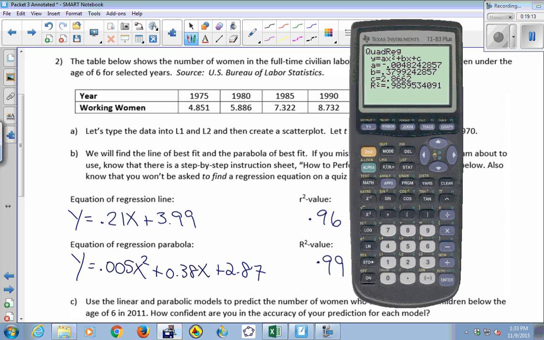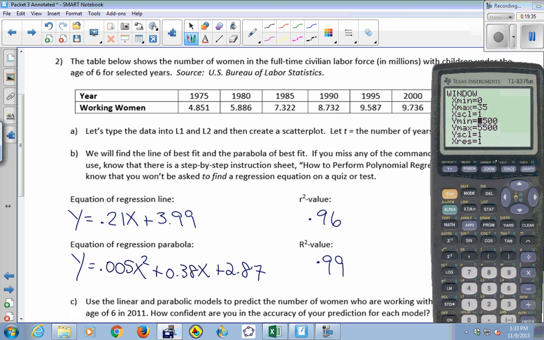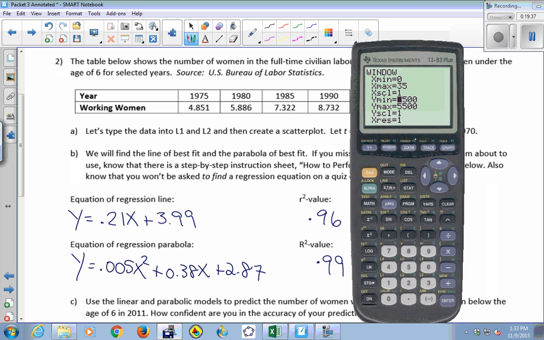Okay. So I have to pick a good window to make sure I can see all of the data. So my data goes from 0 to 30 for X, right? Because I started 1970 with 0. So let's go 0 to, say, 35, just so we can see a little bit past our last data point. And then Y starts at 4.8 and ends at 9.7.